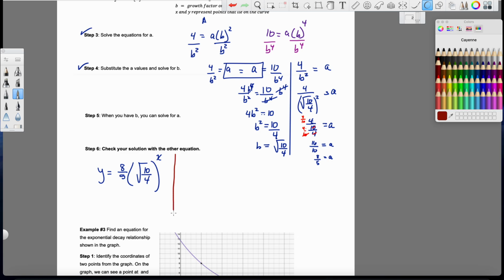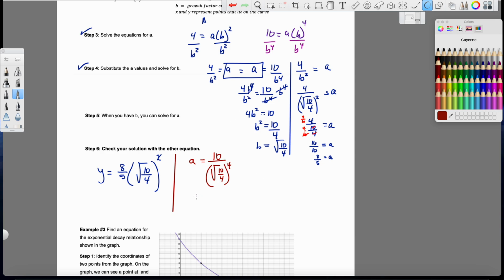So what if we were to put a here in for the other equation? So 4a equals 10 over b to the 4. So b in this case was root 10 over 4 to the 4th, right?